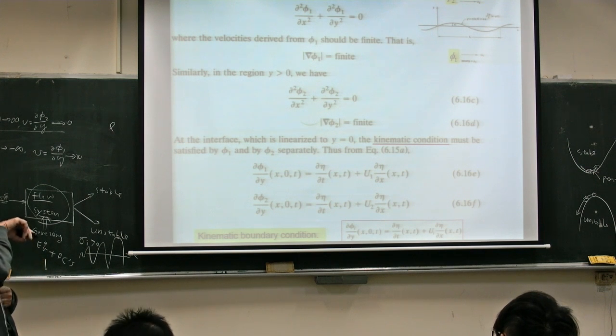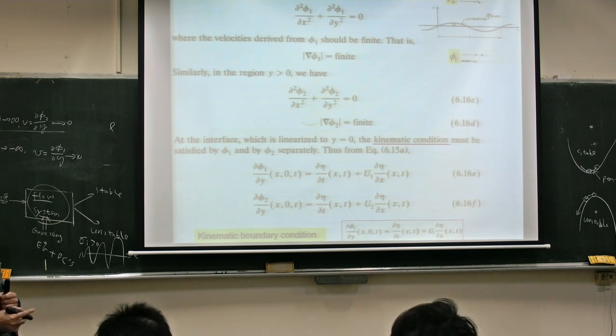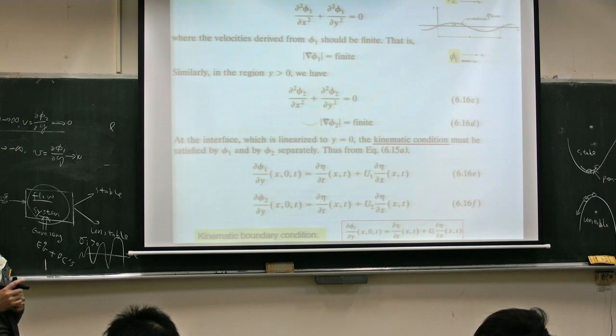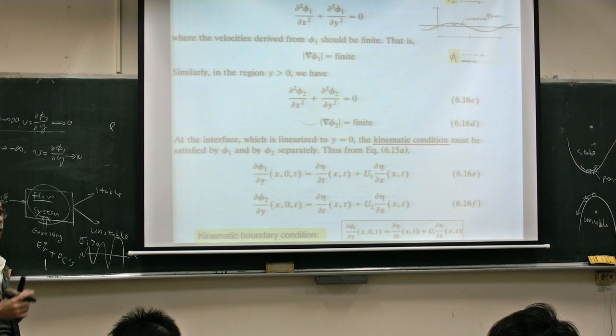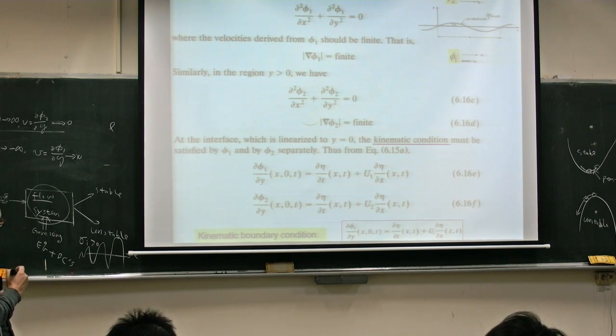Since we just described what this flow system looks like, the first thing when you deal with a hydrodynamic instability problem is to describe what the flow system looks like. This flow system should be composed of the governing equations with their boundary conditions.